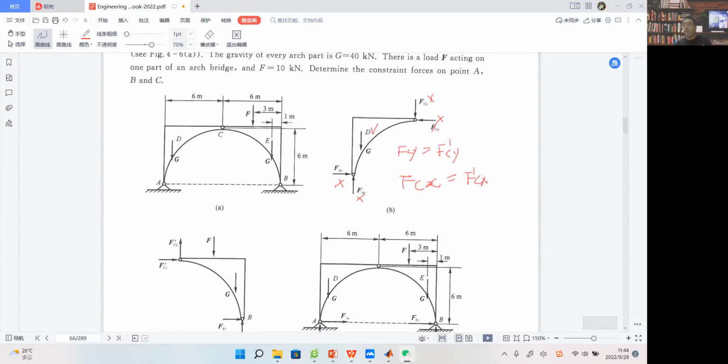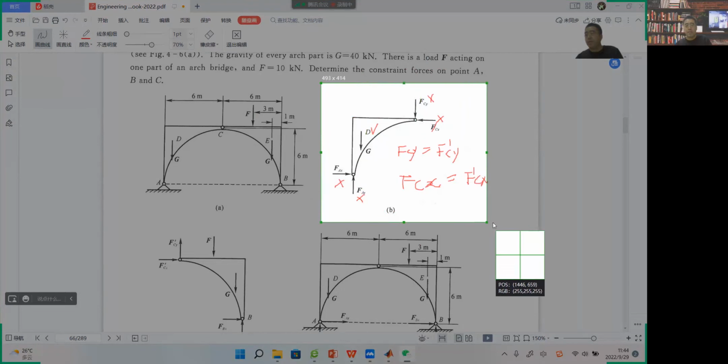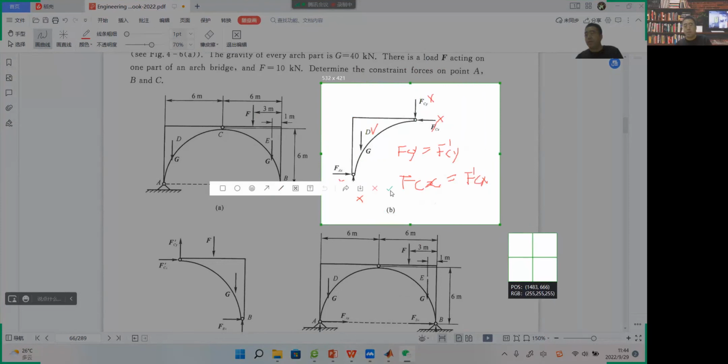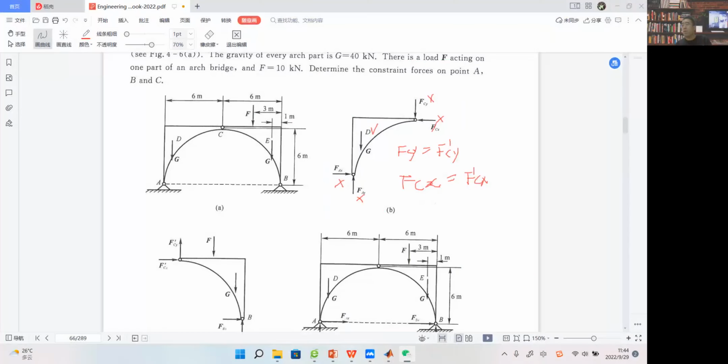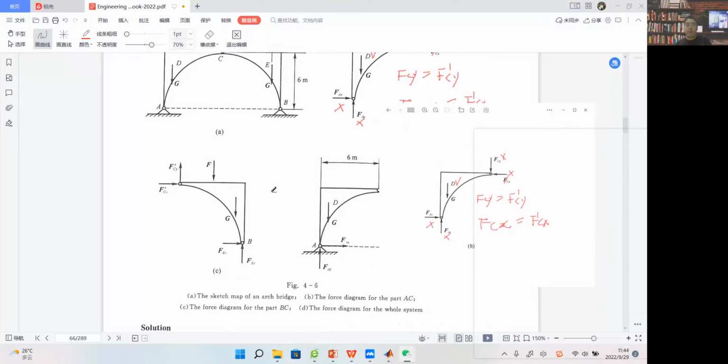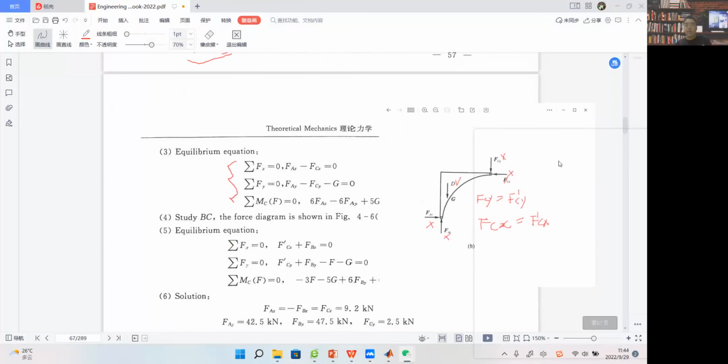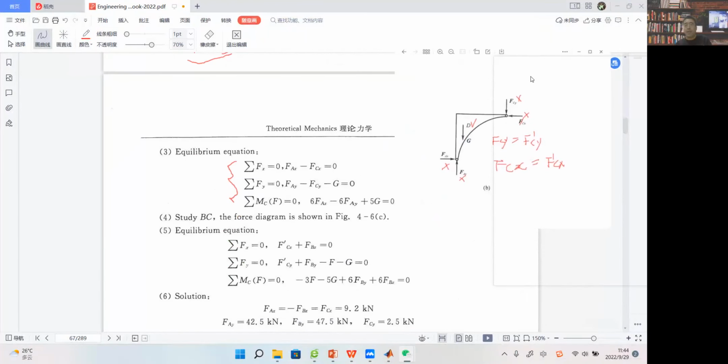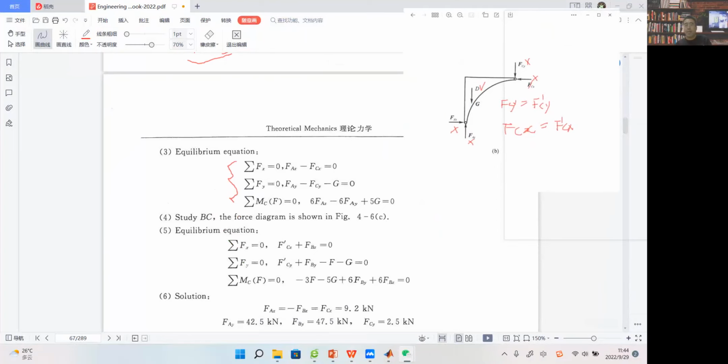See? We can cut this picture and I can open it, move to here, right? So it will help you guys see the picture and give the equations.